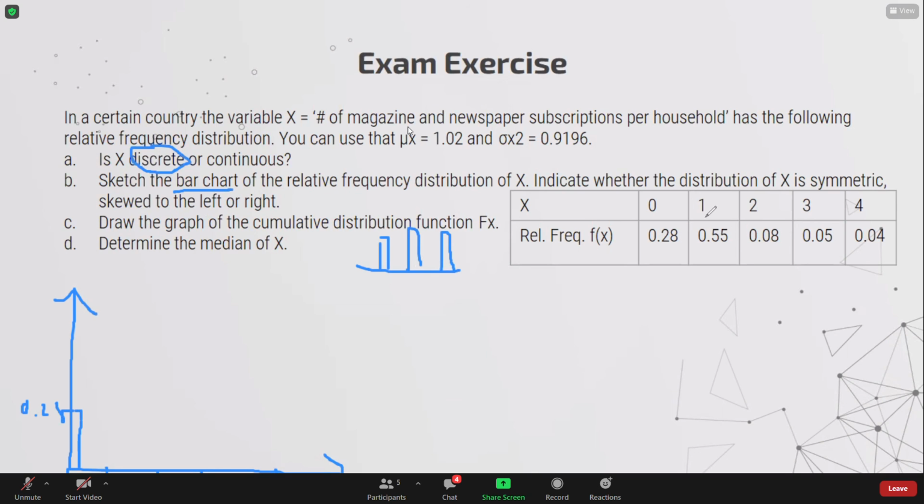Next, for 1, it says 0.55. So let's imagine that somewhere here, and the bar goes up to 0.55. So now we go to 2. 2 corresponds to 0.08, which is a really small number, somewhere here.